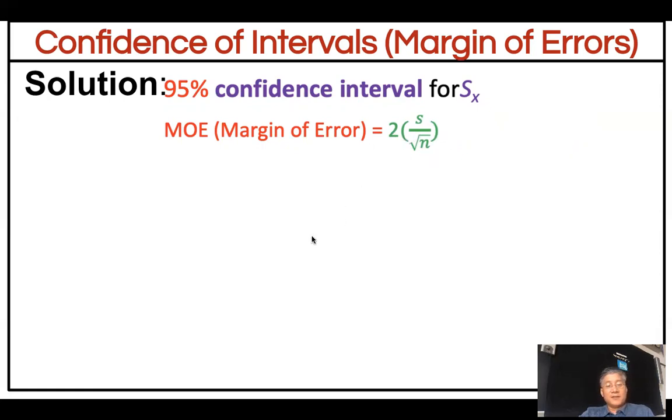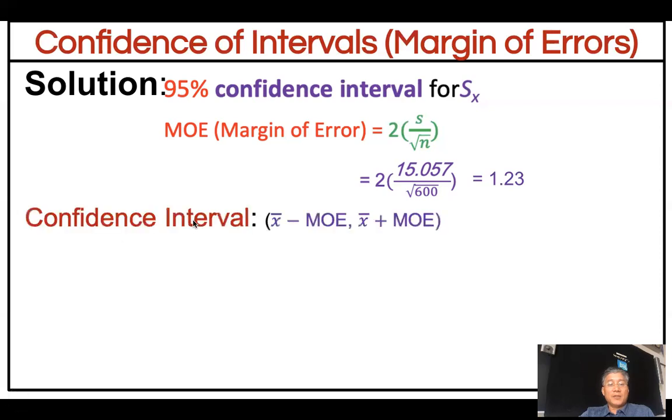Only this is different. So 2 times the sample standard deviation, 15.057, divided by the square root of n, which was 600, gives 1.23. Then the confidence interval is the sample mean minus MOE, sample mean plus MOE: 27.55 minus 1.23 and 27.55 plus 1.23.